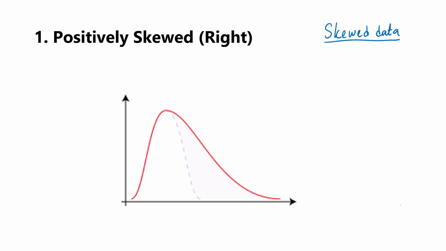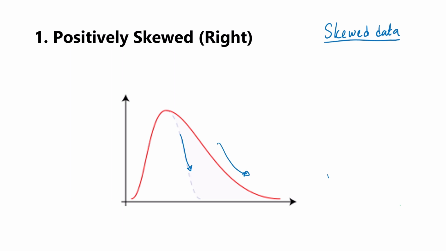This happens when there is a long tail on the right, and we call that right skewed, as you can see here. This means that the mean or the average is being pulled to the right, away from the median and the mode.